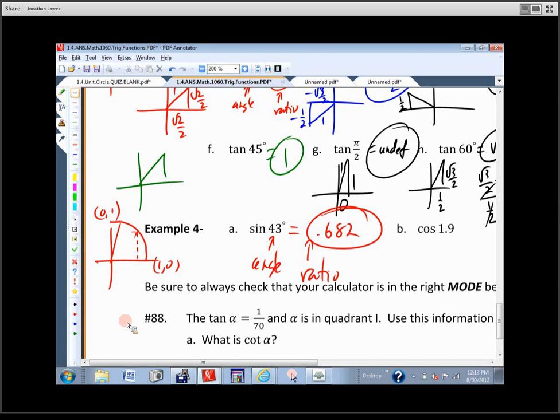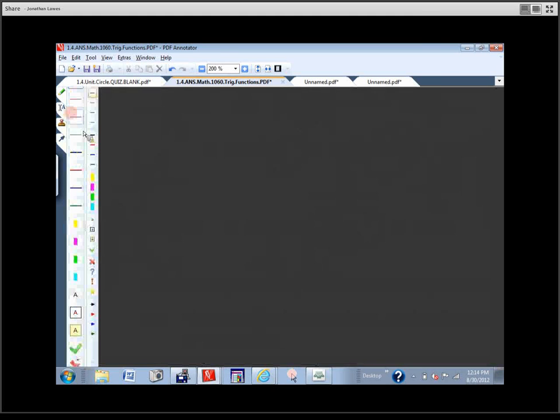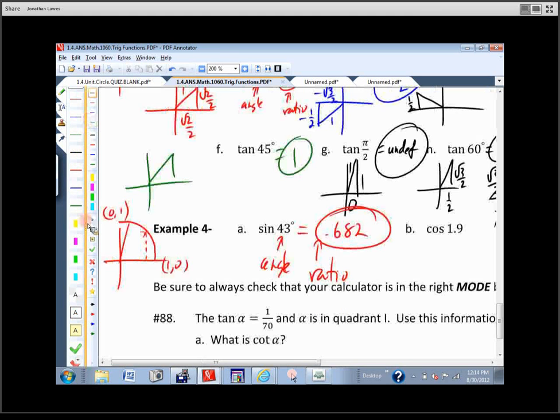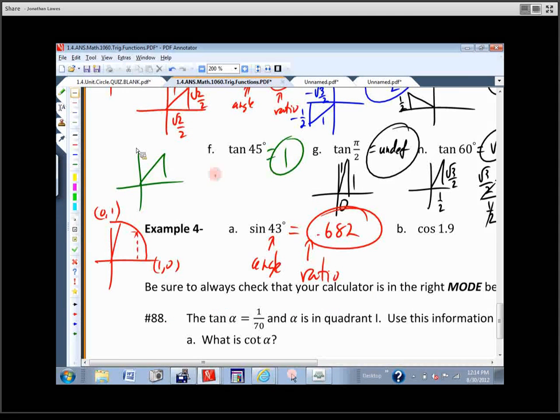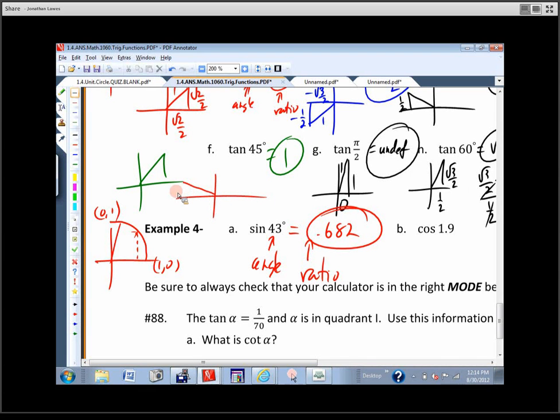Okay, what if I said the cosine of 159 degrees? 159 would be about right here, where the circle comes around like this. Cosine, which coordinate am I looking for? The x-coordinate.